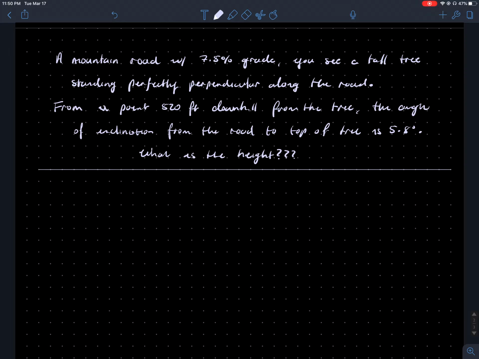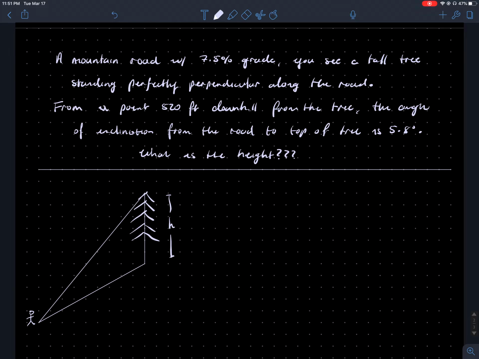So, let's see. We have a tree, very beautiful picture of a tree, and we have a road that's at some angle. And here we are, and we want to know what is the height of this tree.